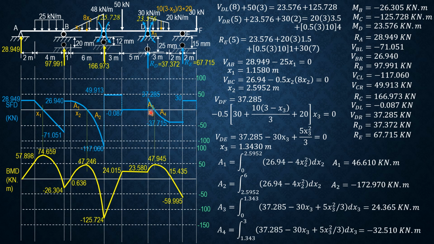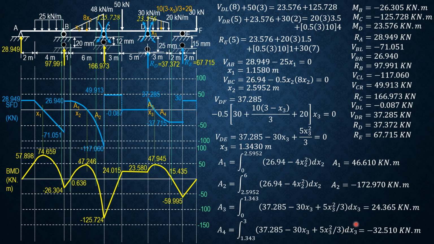Then plus area 3, so we need to derive the shear equation for DA, which is equal to 37.285 minus the area of the trapezoid, 1 half of the quantity 30 plus 10 minus x3 over 3 plus 20 times x3. So area 3 is the integral from 0 to 1.343 of 37.285 minus 30x3 plus 5x3 square over 3, from the shear DE equation, dx3.